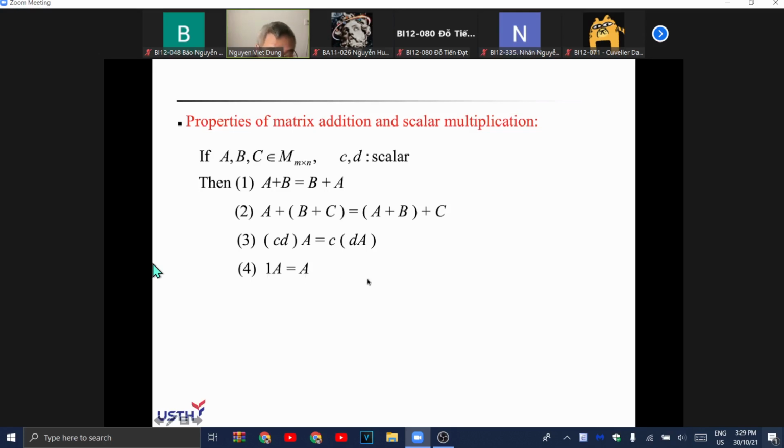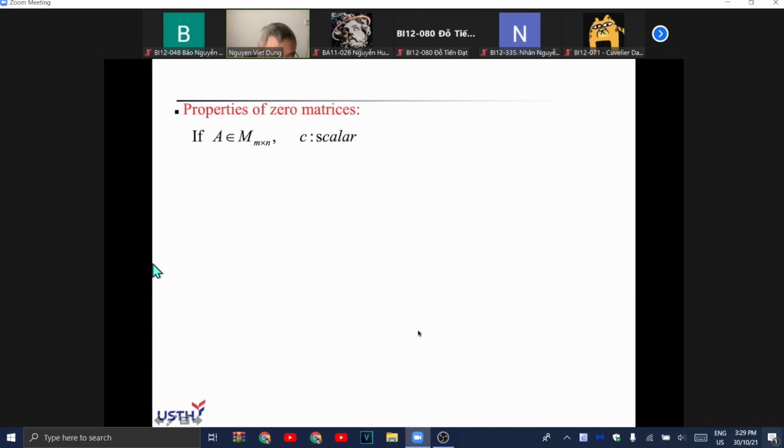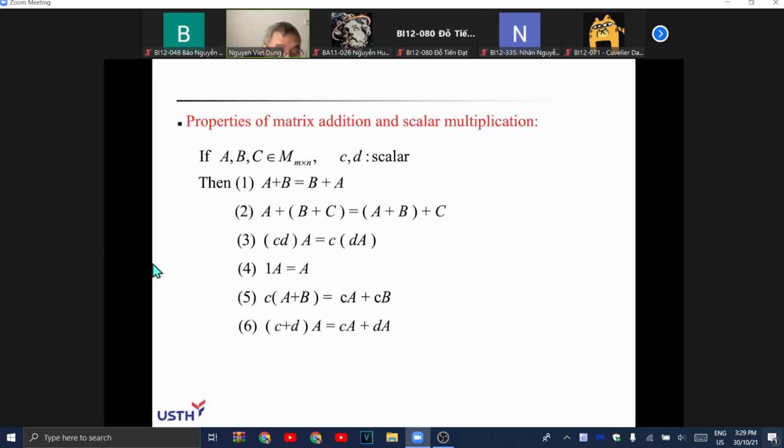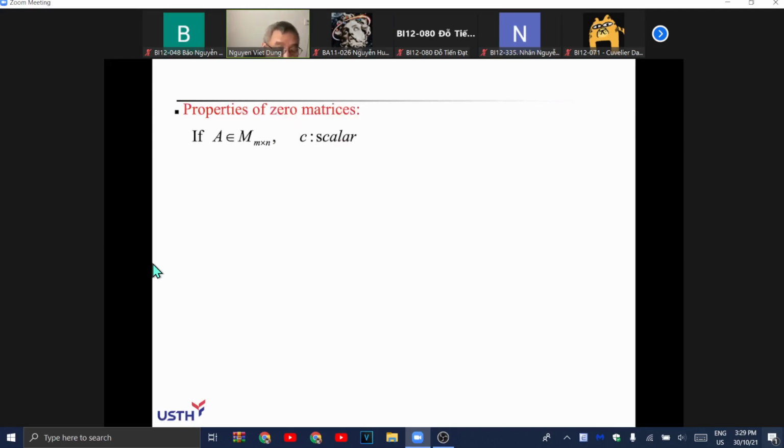We get A. If we take C multiplied by A plus B, you get CA plus CB. If you take C plus D multiplied by A, you get CA plus DA. Those are some properties for matrix addition and scalar multiplication.